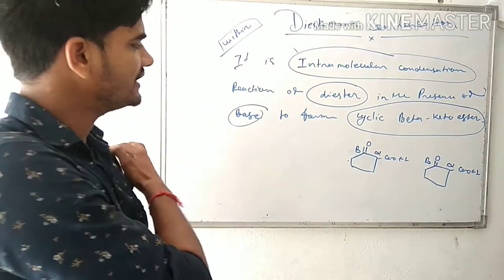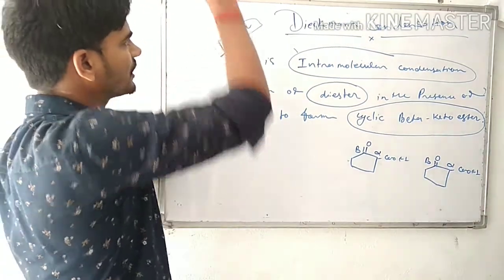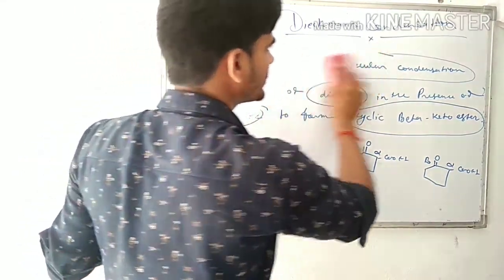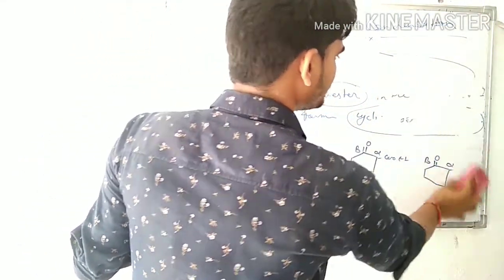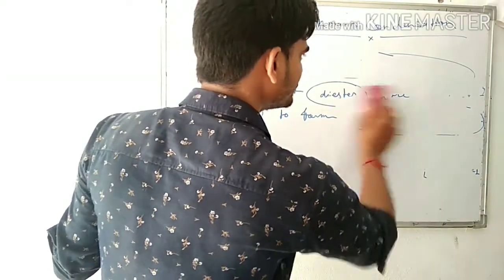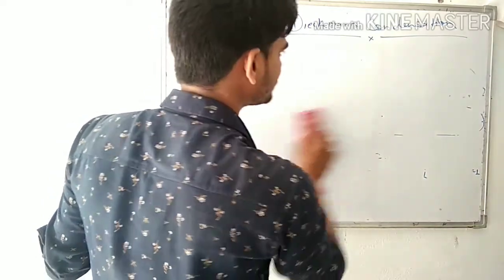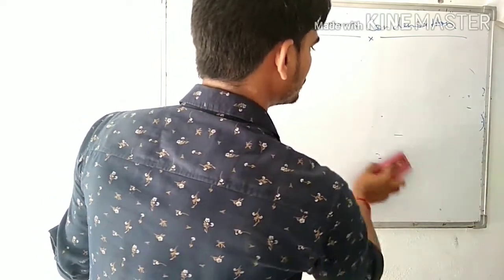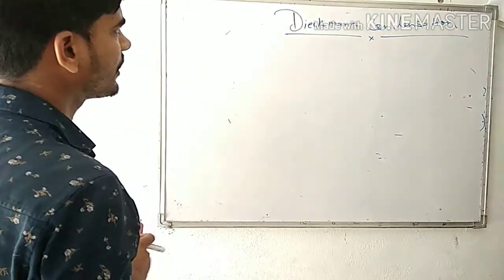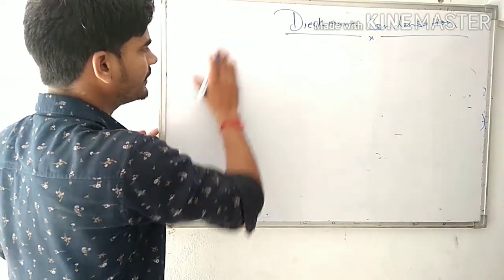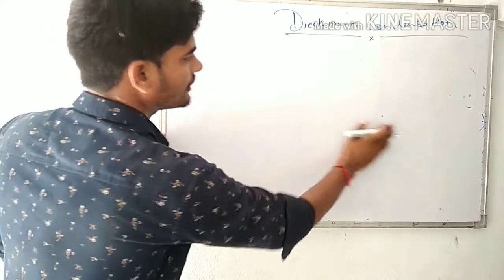So we see the general reaction for the Dieckmann condensation reaction. Here, we take an aliphatic diester.